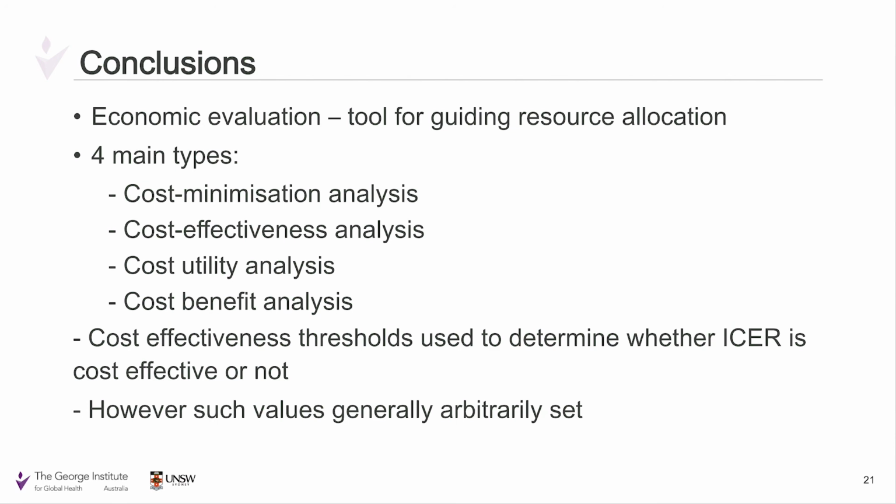When we're interpreting and presenting cost effectiveness analyses, cost effectiveness thresholds can be useful for interpreting the findings of our study and determining whether the intervention is cost effective or not. The problem with these thresholds is that they're generally arbitrarily set, but nonetheless they're widely used and, in a sense, take on a life of their own.